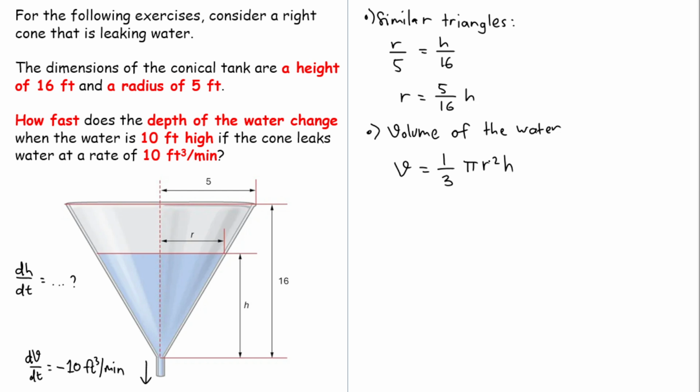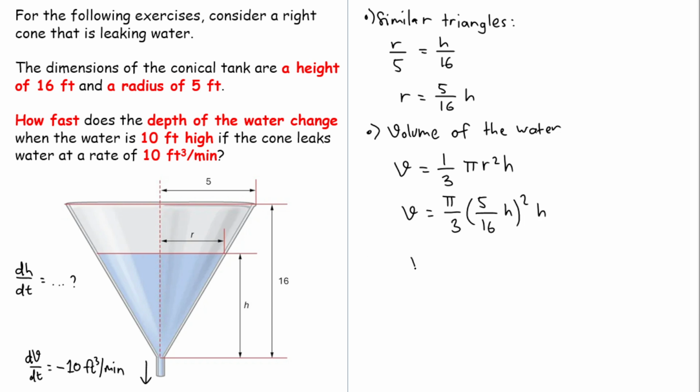However, this r is 5 over 16 h, so we can just plug that in. So we have V equals, let's make it pi over 3, and then 5 over 16, then multiplied by h squared, and then multiplied by h.